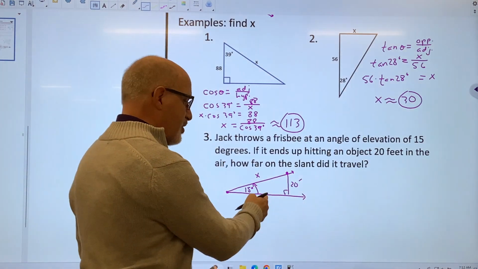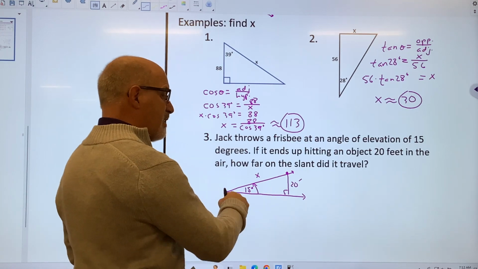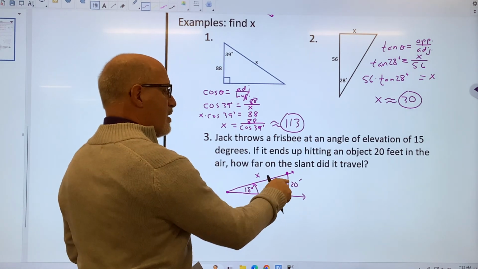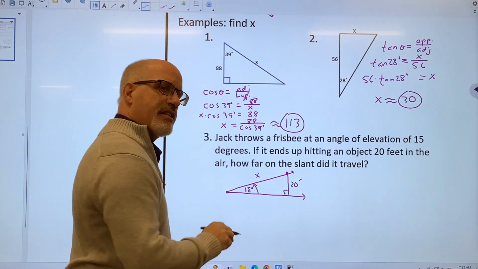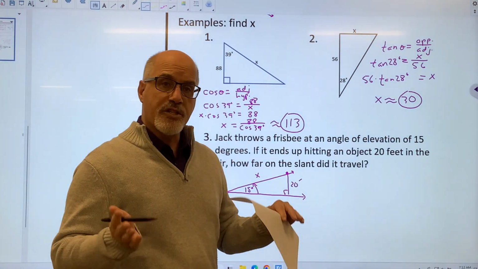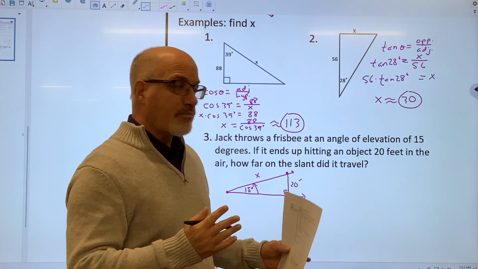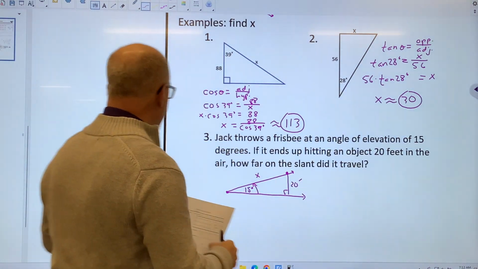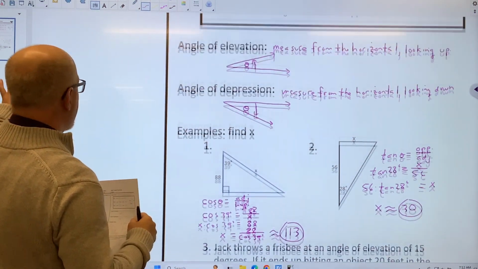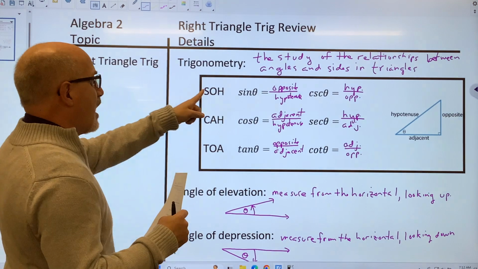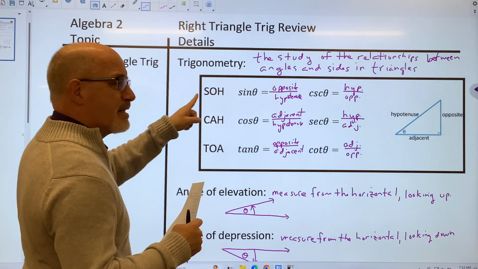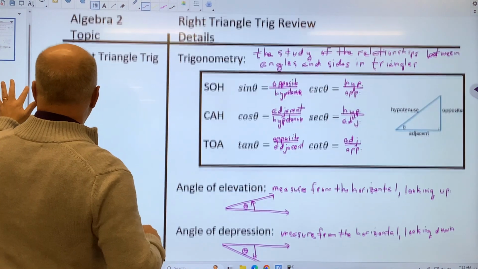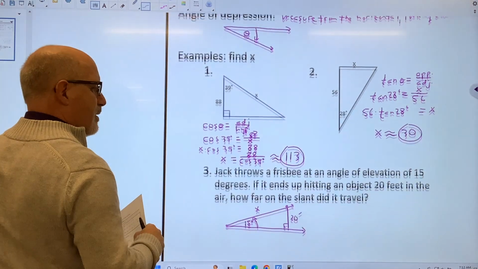This would be the adjacent, and this is the hypotenuse. So the trig function that uses opposite and hypotenuse is the sine function. So I'll use my sine function for this one.